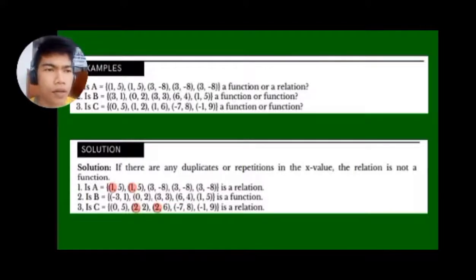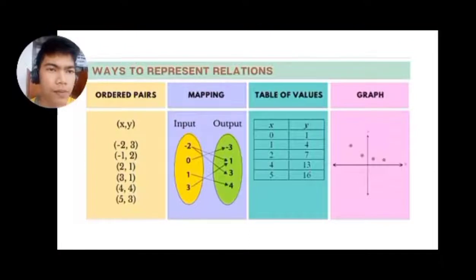So, yun na po. So, next tayo. And ways to represent relations. So, ito po. Ordered pairs x and y, -2, 3, -1, 2, -2, 8, positive 2, 1, 3, 1, 4, 4, 5, 3. So, ito po yung mapping nila. Di ba pang relation, may repetition.